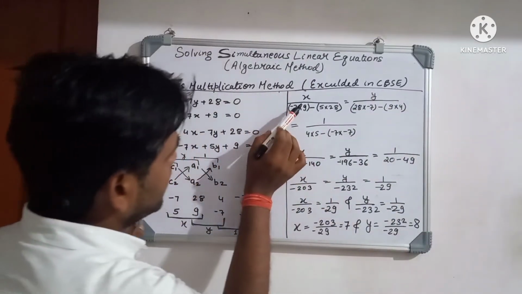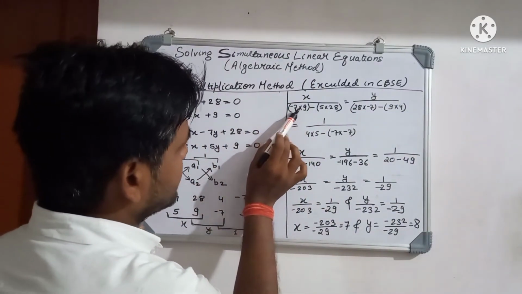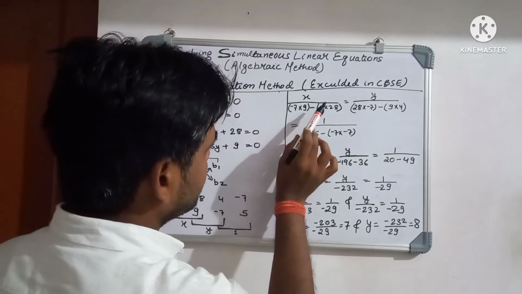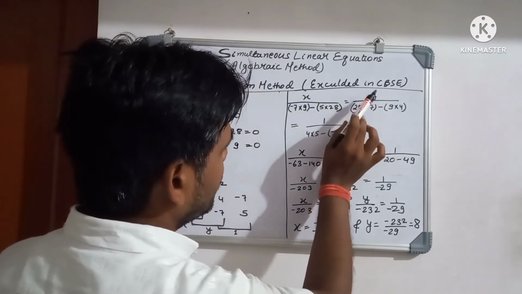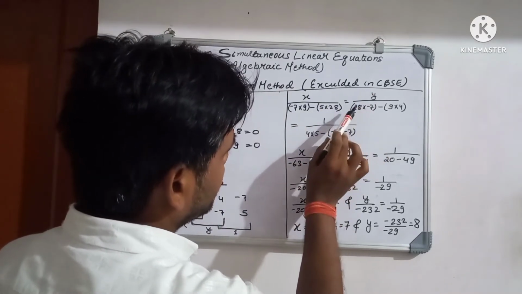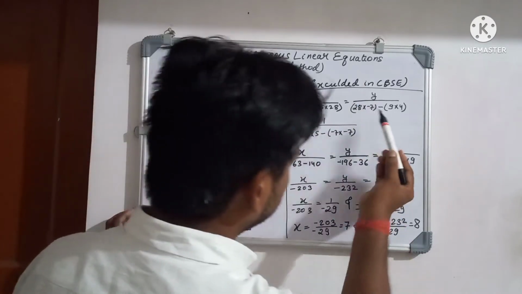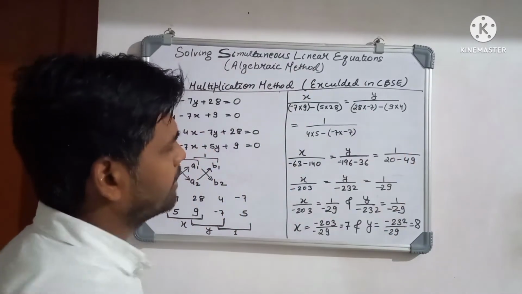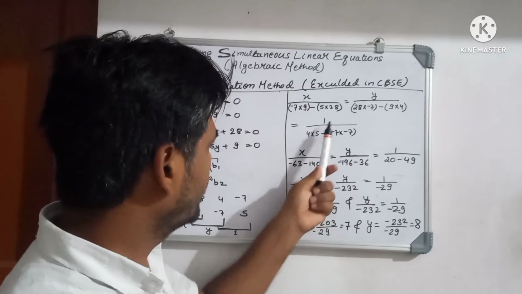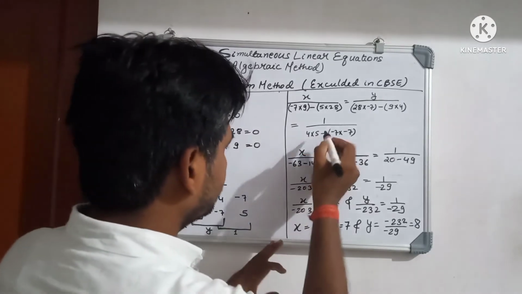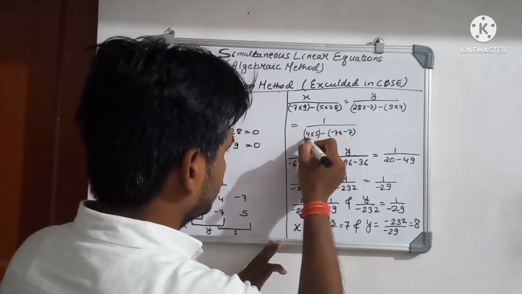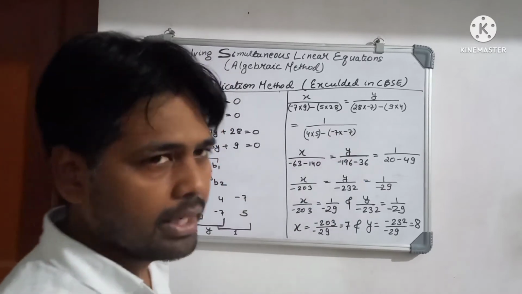That is x upon minus 7 multiplied by 9 minus 5 multiplied by 28. Similarly, y upon 28 multiplied by minus 7, which will get subtracted from 9 multiplied by 4, and again 1 over 4 multiplied by 5 and then minus 7 multiplied by minus 7.